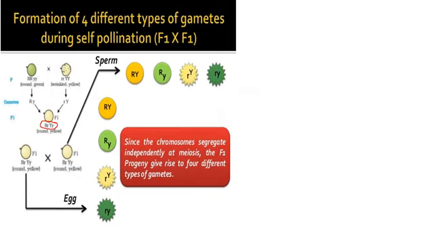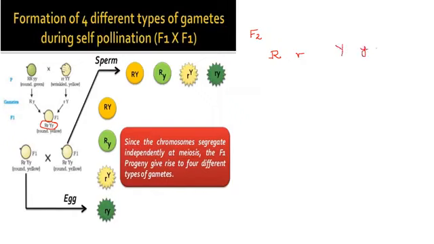But in the next F2 generation, we are going to self-pollinate these plants, or self-fertilization of these plants. Now we are talking about the F2 generation, and the genotype is capital R, small r, capital Y, and small y.